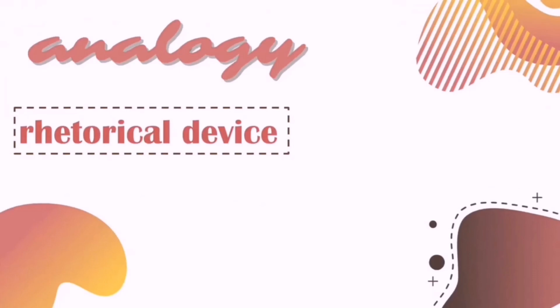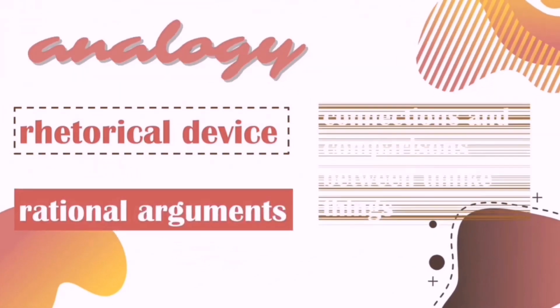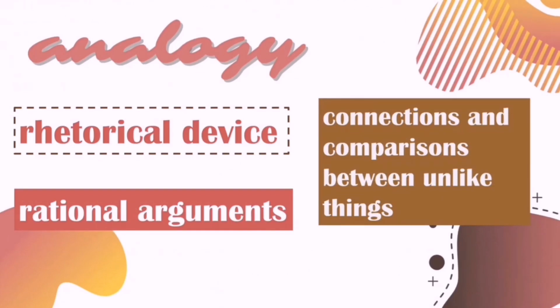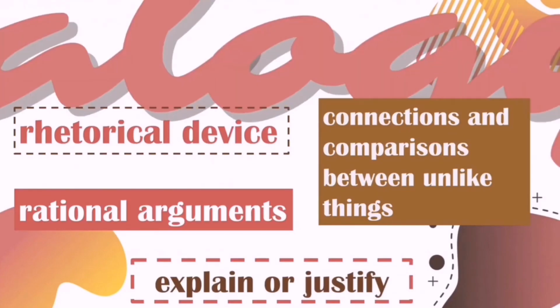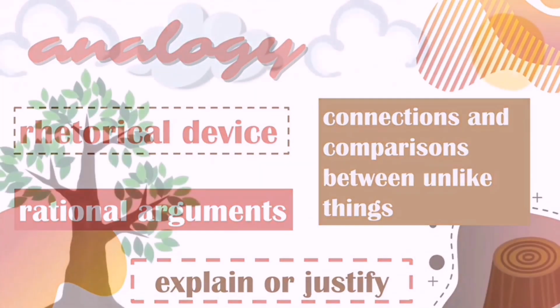It is a rhetorical device used to make additional arguments and support ideas by showing connections and comparisons between two unlike things. The main function of analogy is not just to show, but to explain or justify.